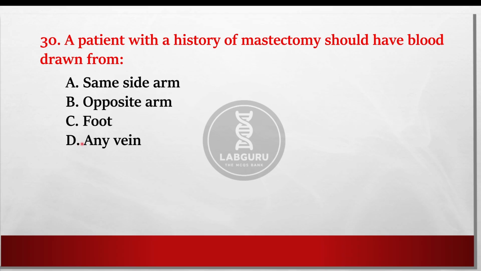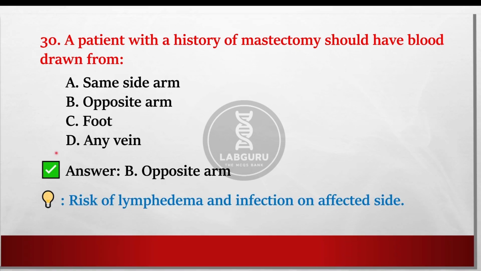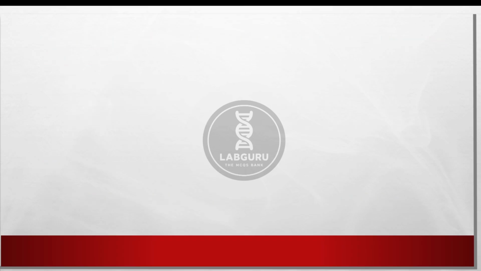If the mastectomy was done on the right side, you will prefer the left arm, because the right answer is the opposite arm. Why? Because of the risk of lymphedema and infection on the affected side. If you take the sample from the affected side, the risk of lymphedema and infection is increased. So we will prefer the opposite arm.